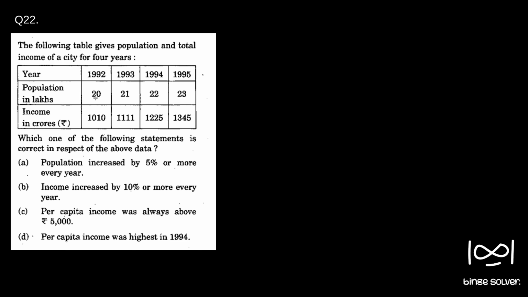5% of 20 is 1. So 21 means 5% increase, and that is satisfied there. So for 21, 10% is 2.1, which becomes 1.05 for 5%.